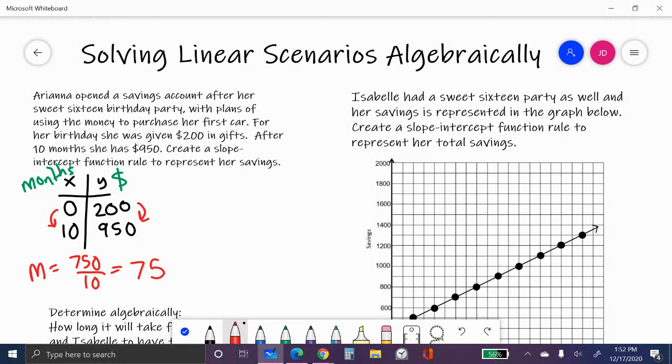So this means she saved $75 per month. And she started with 200. So her slope-intercept equation is y equals 75x plus 200.